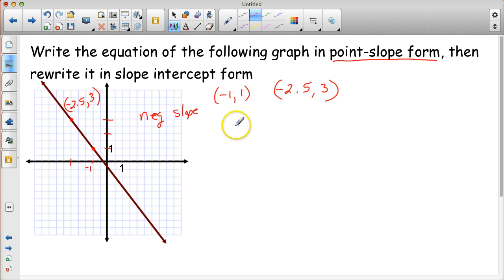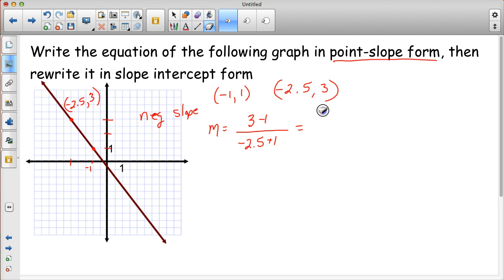Now I can either use my slope formula or I can do some counting to find out what my slope is. So if I use the slope formula, I have 3 minus 1 over -2.5 plus 1. This will be 2, since 3 minus 1 is 2, over -1.5, since -2.5 plus 1 is -1.5.